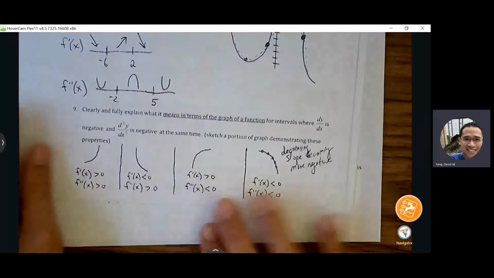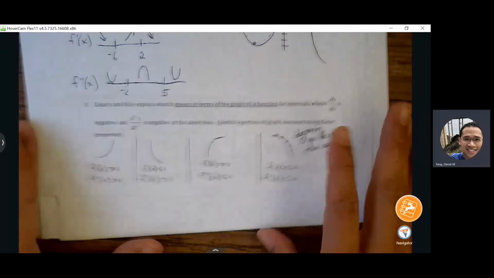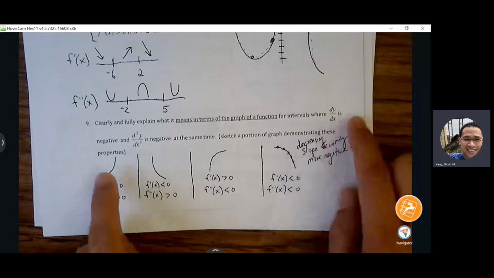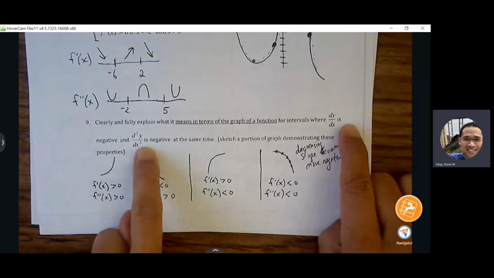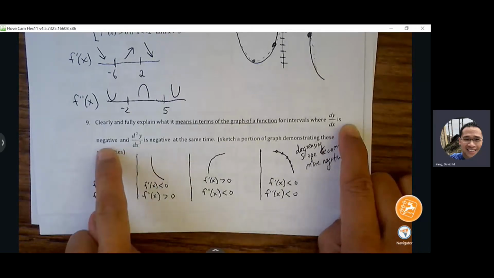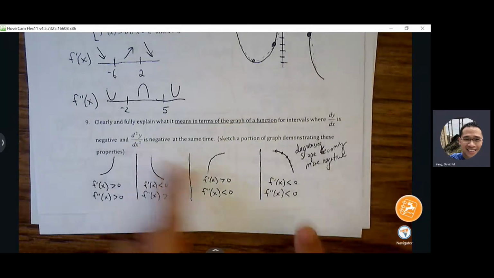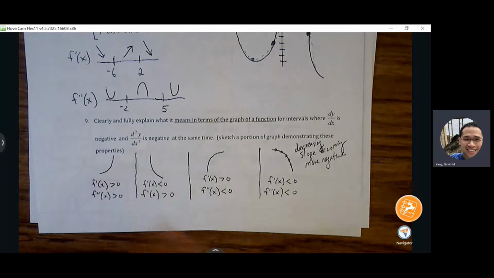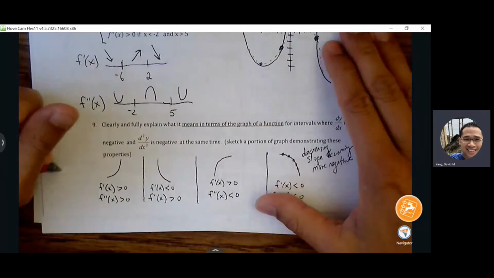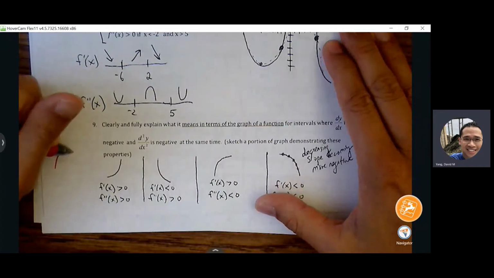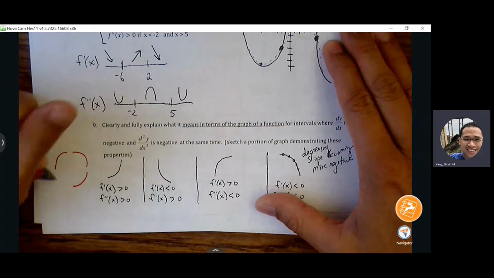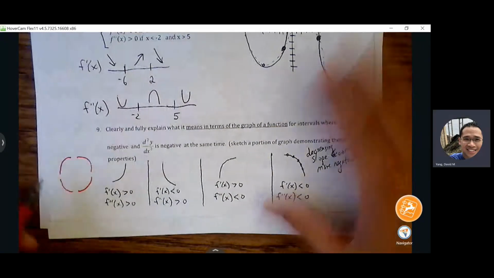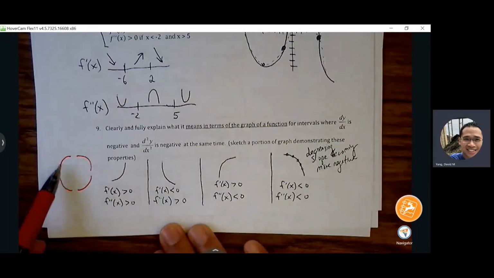Okay, last one here. This is similar to what you saw on the quiz. We want a slope that's negative and concave down. So concave down and negative slope, that's going to look like this. So you have 4 options. You can think of it as if you were to break a circle into 4 parts, they all have a very specific combination of slope and concavity.